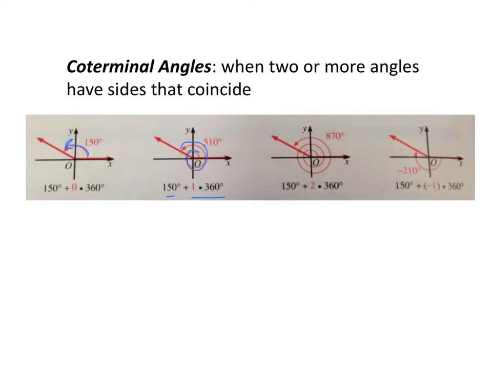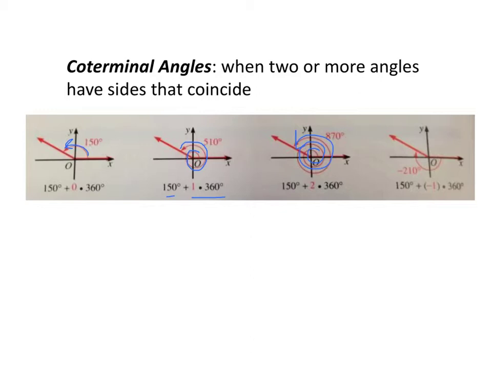If you take a look at the next one, it rotates through 360 once, and then again, and then finally through the 150 degrees. So again, we've gone through 2 complete rotations and then added onto it.